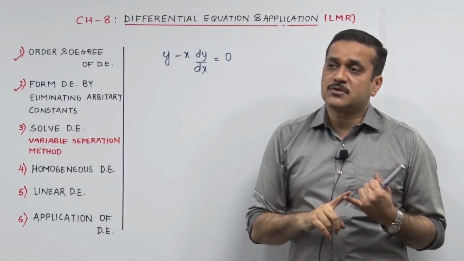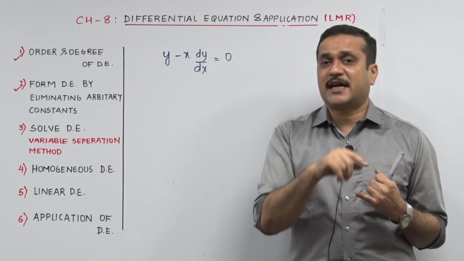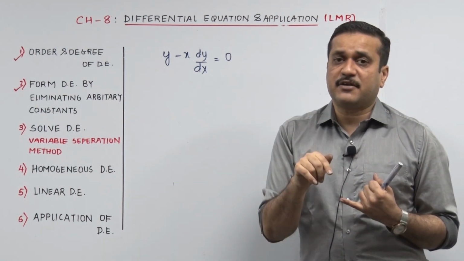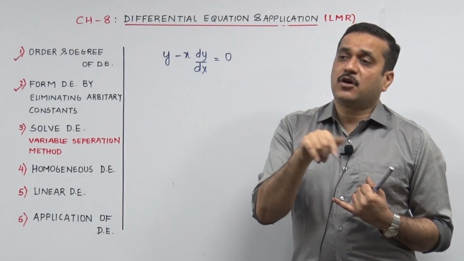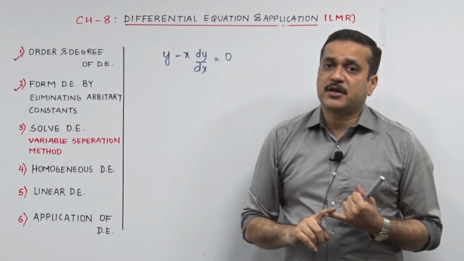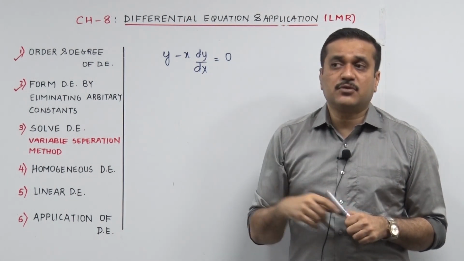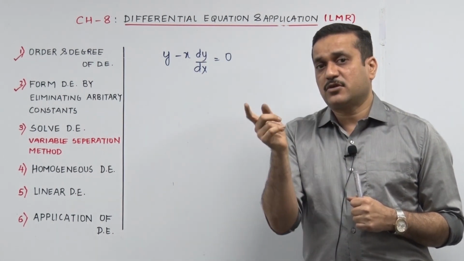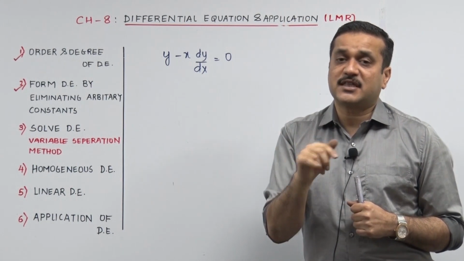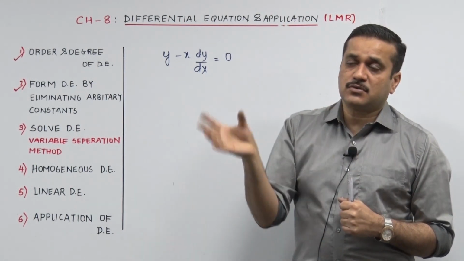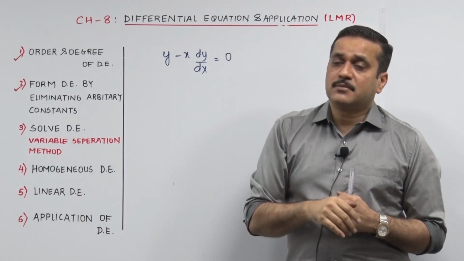Similarly, your y terms also need to be moved towards dy, so that when you integrate, finally the y terms will automatically get integrated with respect to y, and that is why the name goes variable separation method. You cannot integrate x terms with respect to y or y terms with respect to x, and that is why the name goes variable separation method. Move your x terms towards dx, move your y terms towards dy.